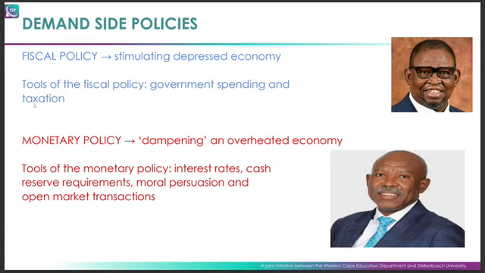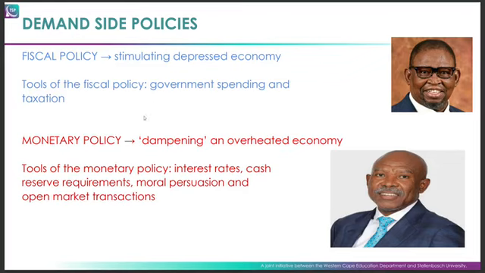And remember, we are now getting ready, the end of February, we're going to hear Enoch Godongwana, who is our Minister of Finance, and he is in charge of the fiscal policy. So we're waiting for his budget speech, which is going to explain to us how government intends spending the taxes that they expect to collect for this year, right? So he's going to lay out his plans. So that would be your fiscal policy.